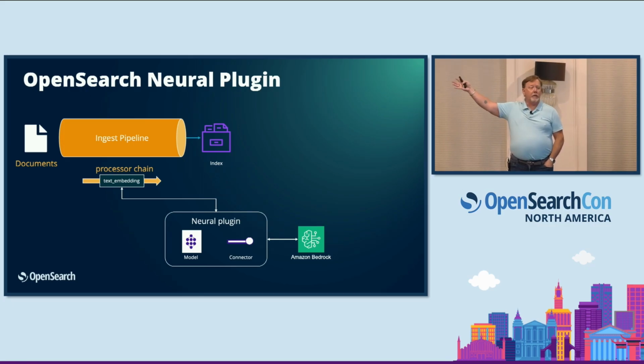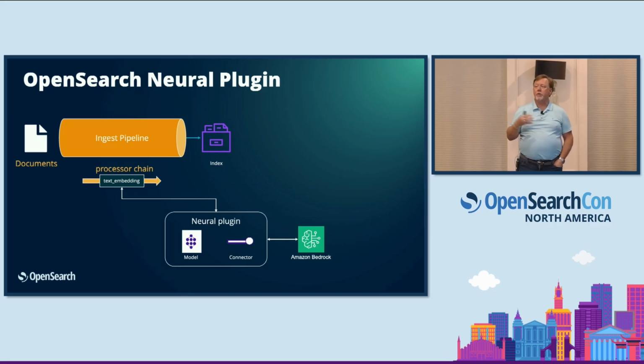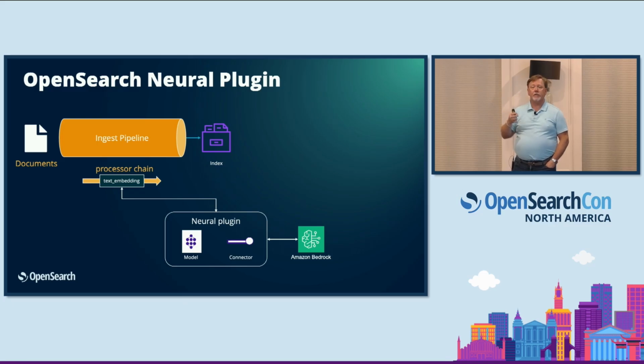The main way you use it is in ingest and search. You define a pipeline for your index that defines a processor chain that can apply different tools. Among the ingest processors available within OpenSearch, one of those is text embedding. The text embedding processor is then able to engage, through the neural plugin, with a model like Amazon Bedrock or Cohere or OpenAI, et cetera.